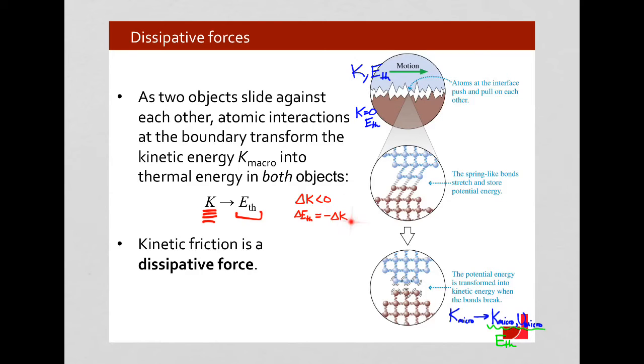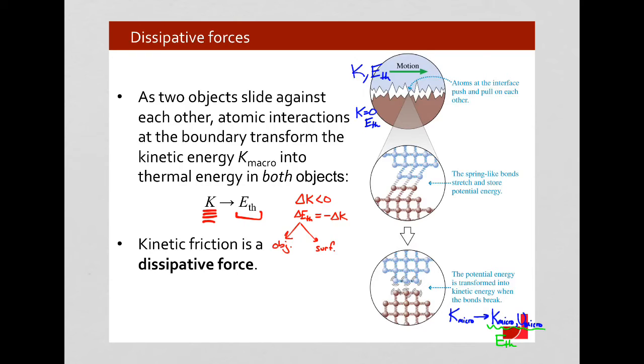Basically, the loss of kinetic energy of the object shows up as an increase in thermal energy. However, this increase in thermal energy shows up in both the object and in the surface. And showing how much thermal energy goes to either one is a little bit more complicated. We'll see that a little bit later when we get into thermodynamics and the transfer of heat energy.